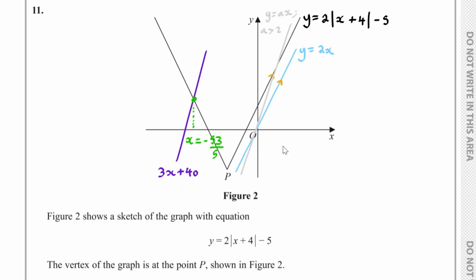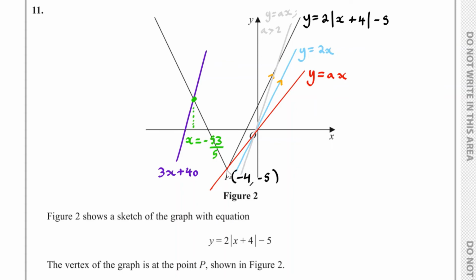So we have something which looks like that. If I draw it neatly, we have something which looks like this. So this is the graph of y equals ax. And of course, the gradient of this red line, well, if this point over here is minus 4, minus 5, we can use the fact that change in y over change in x is gradient.